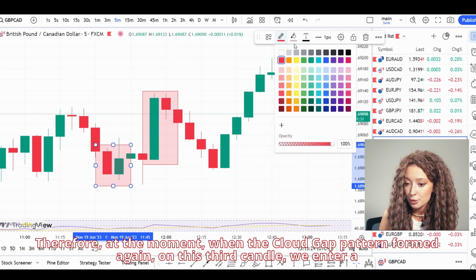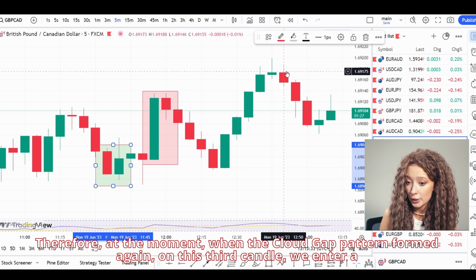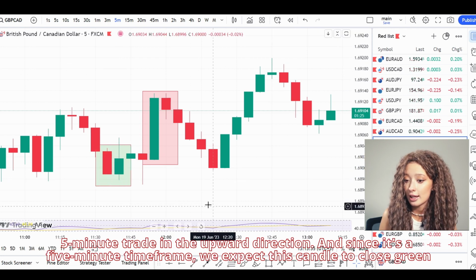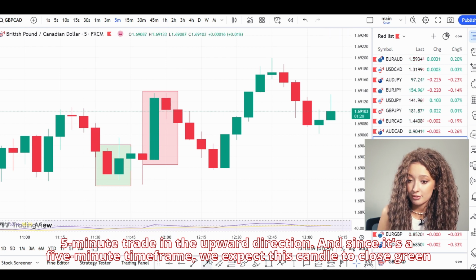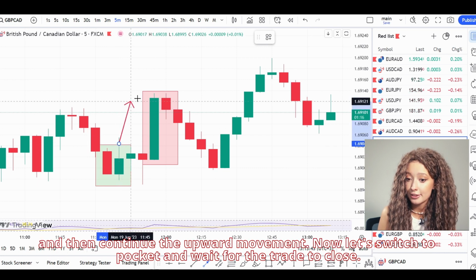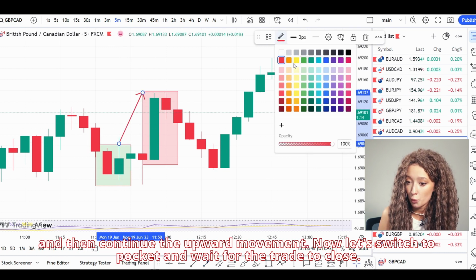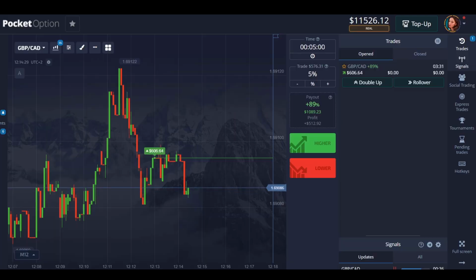Therefore, at the moment when the cloud gap pattern formed again, on this third candle we enter a 5 minute trade in the upward direction. And since it's a 5 minute time frame, we expect this candle to close green and then continue the upward movement. Now let's switch to Pocket Option and wait for the trade to close.